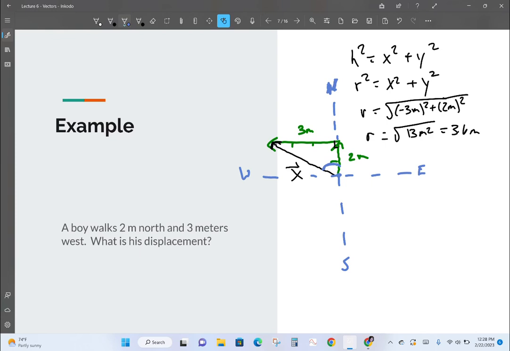It is not. So I'm going to find this angle using trig, but I'm going to describe it as west of north. If I had found the other angle, that angle would be north of west. That's one way to describe the direction. Let's find that angle.